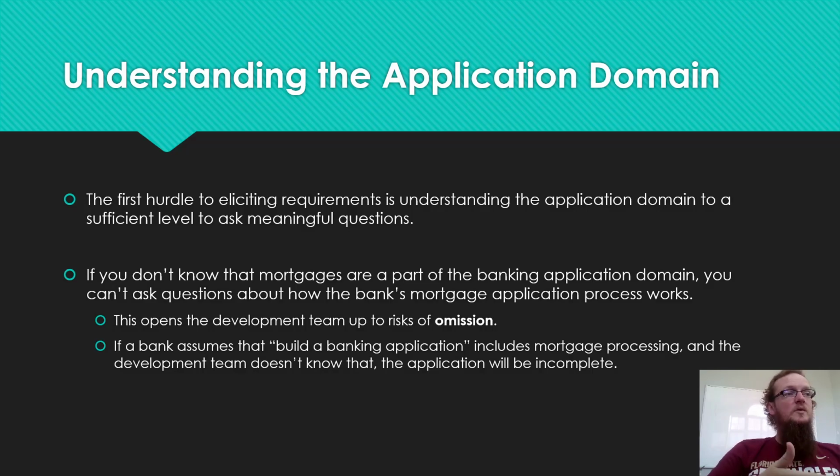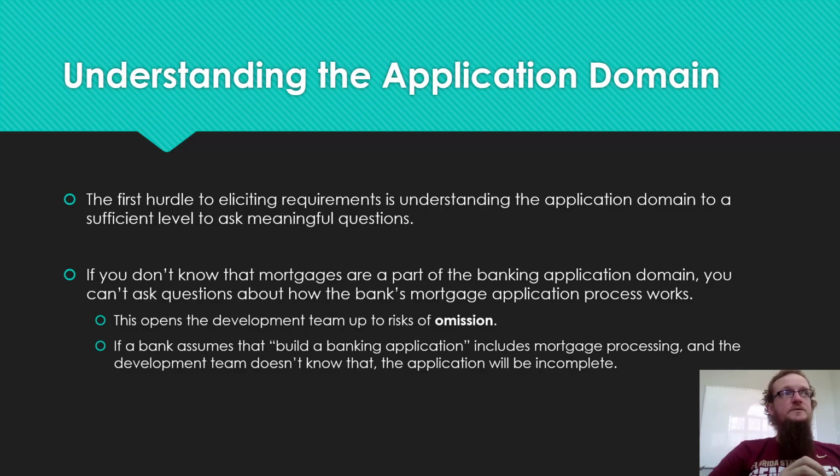Because when they go from their old system that does support mortgages to their new system that now suddenly doesn't, now an entire arm of the bank doesn't have a system to support them. So this is obviously a very bad situation.